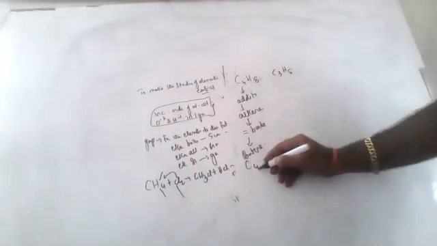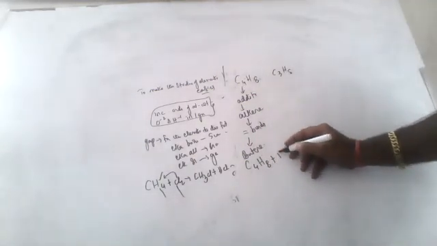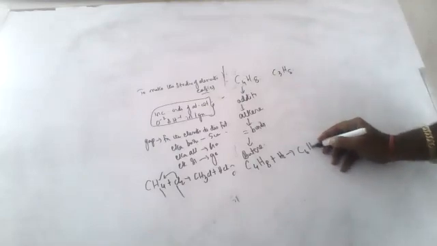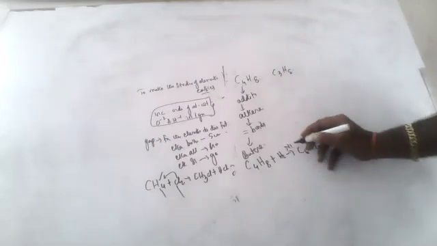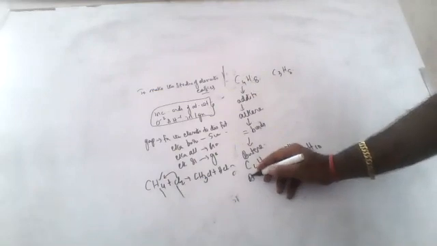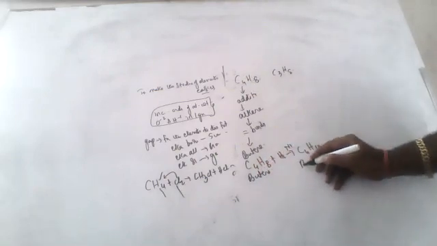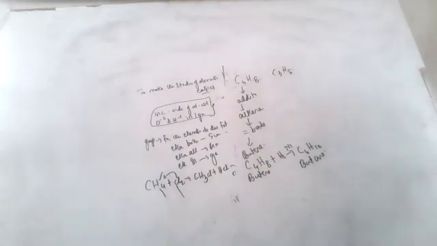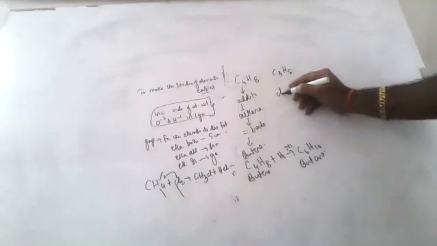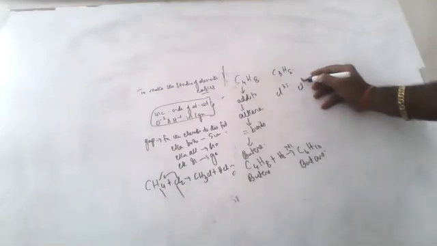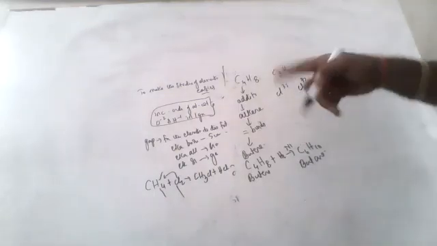C4H8 plus H2 gives C4H10 in the presence of a nickel catalyst, which breaks the bond and increases the speed of reaction. Butene will give what, children? Butane.